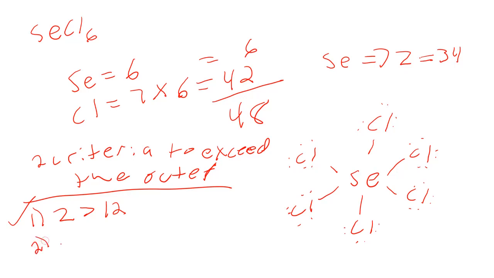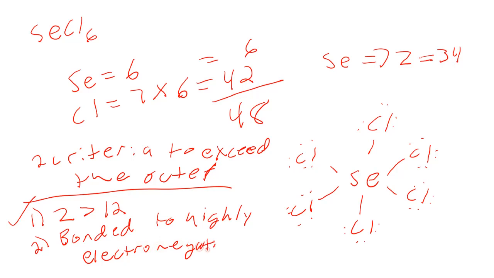And the second criteria is that the central atom must be bonded to a highly electronegative atom. And typically, the ones that we consider highly electronegative are fluorine, oxygen, and chlorine. So we're bonded to chlorine here, so our second criteria is met as well.